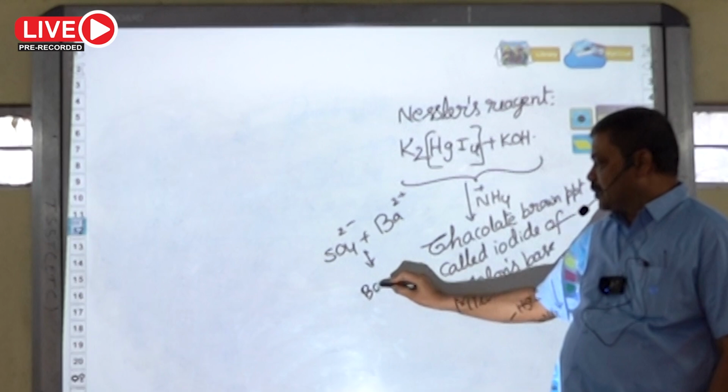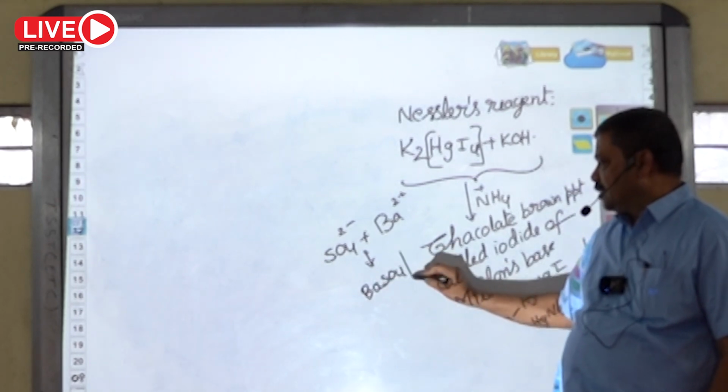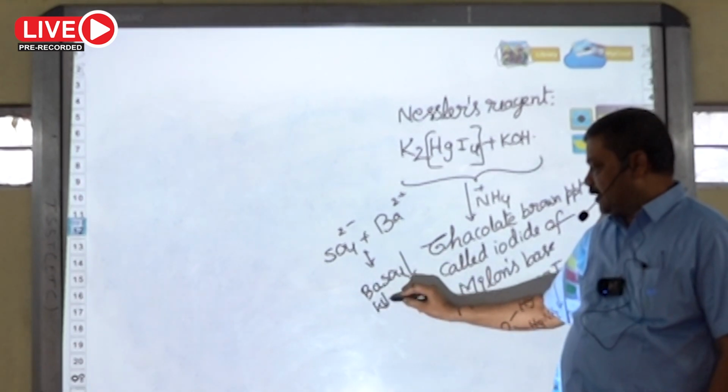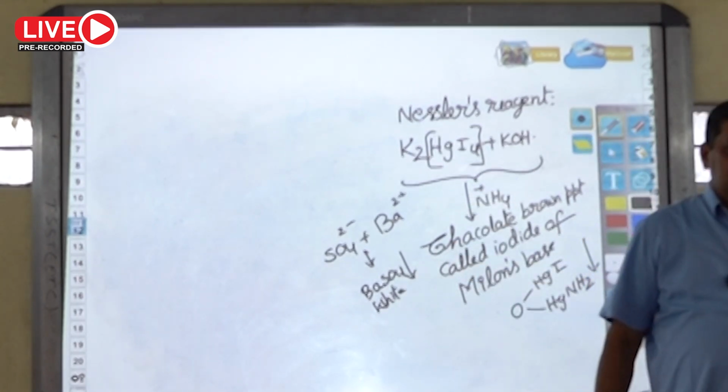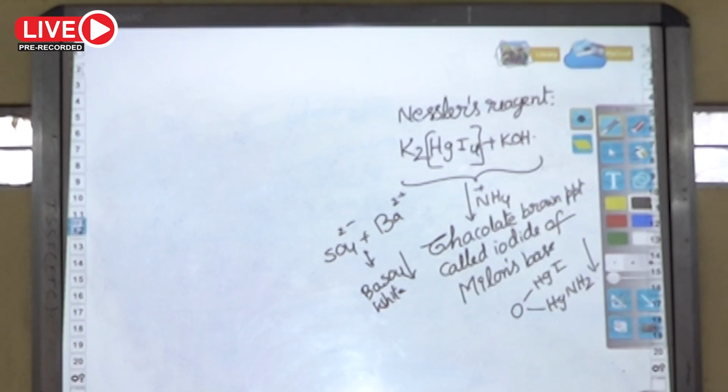Immediately you will get barium sulfate, a white precipitate. So what is the best way to confirm that there is sulfate? Add any barium compound. Immediately you will get a white precipitate of barium sulfate, which is insoluble in concentrated HCl.